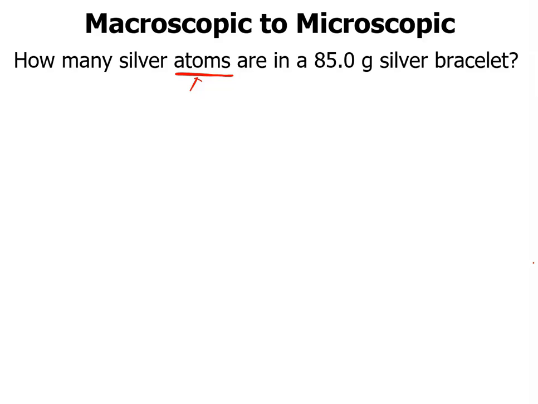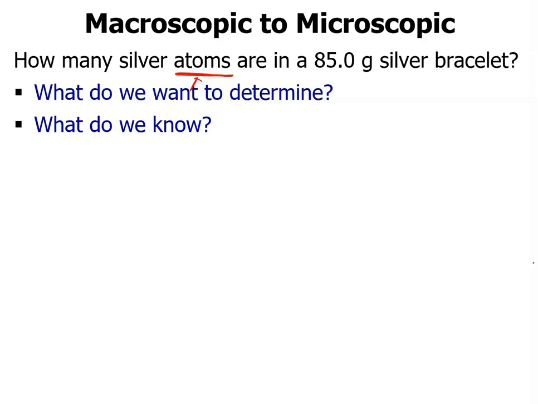So this is different, and we're going to have to use some other conversion factor to figure this out. So what is it that we're trying to determine? We want atoms, right? And then what do we know? Well, one thing that we do know is that we have 85.0 grams of silver.